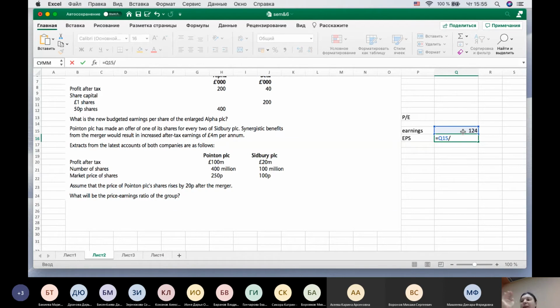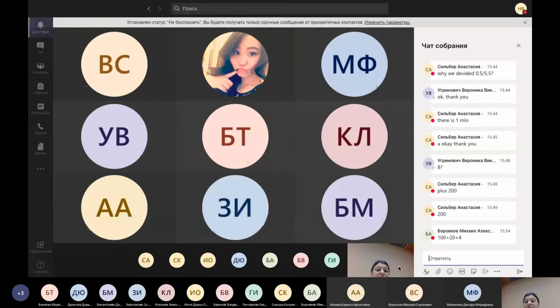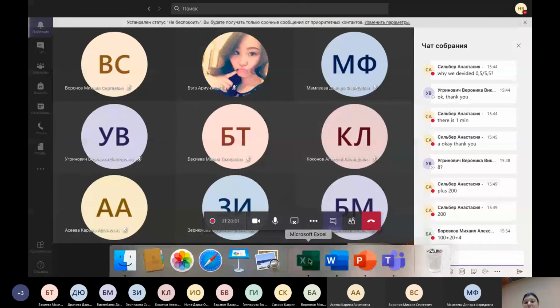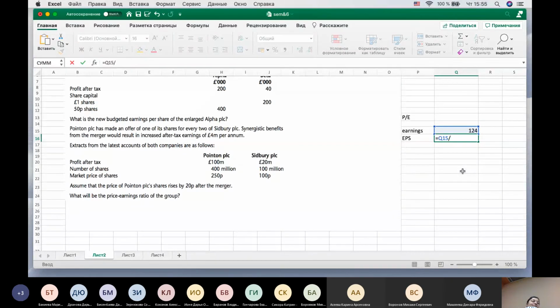Our earnings per each share. How could we calculate our EPS? What about the amount of shares in the context of this task?